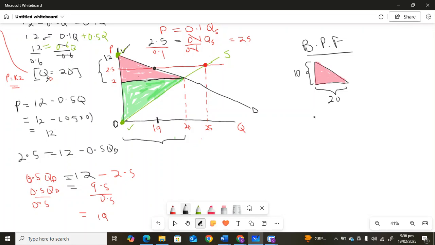Yes, we're doing it before the price floor. After the price floor, we're also going to do that, because they wanted the change in consumer surplus and producer surplus. Yes. So we're doing first before, then after. Any other questions, madam?